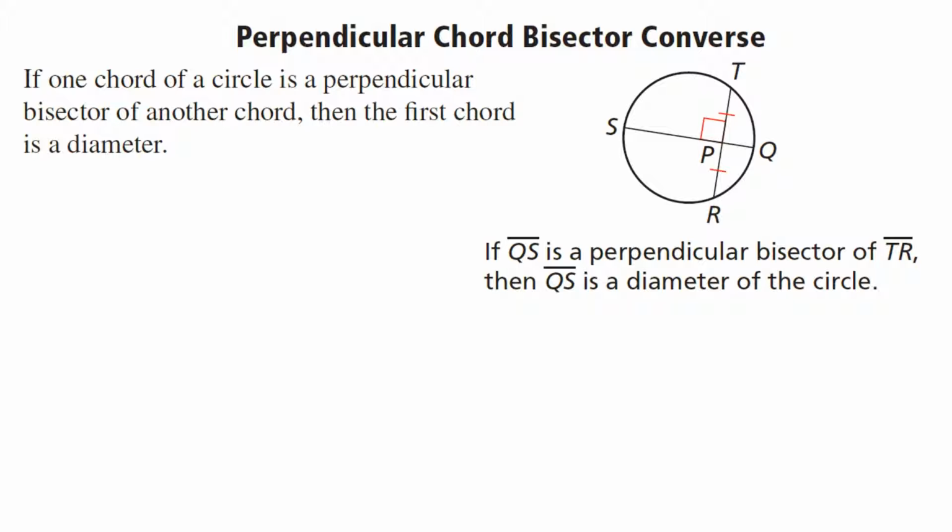If segment QS is a perpendicular bisector of segment TR, then I know segment QS, not only is it a chord, it happens to be the diameter. Notice it's not just bisecting and not just being perpendicular, it's got to be both. One of the chords has to be bisected, and that intersection has to be a 90-degree intersection.